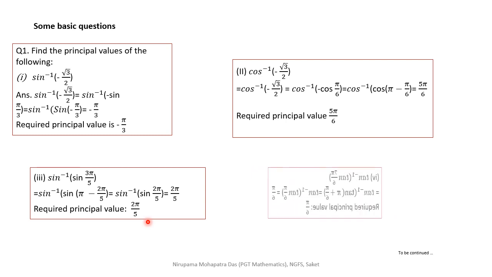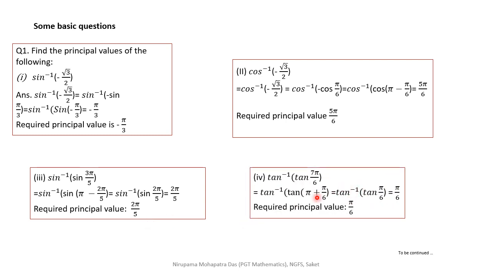And the last one is tan inverse tan 7 pi by 6. Again, nobody should make the similar mistake of just writing tan inverse tan x as x. Before we write tan inverse tan x equals x, we have to see that x should be within the principal value branch.